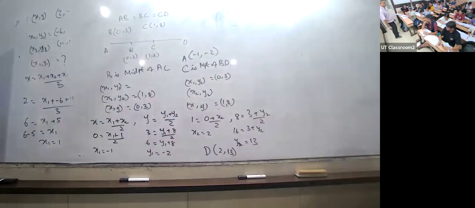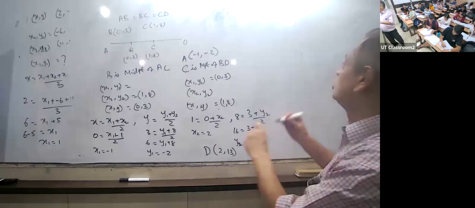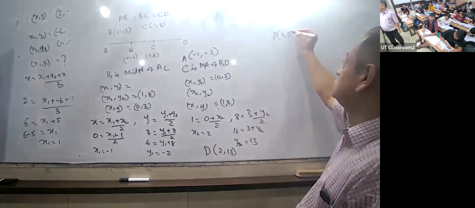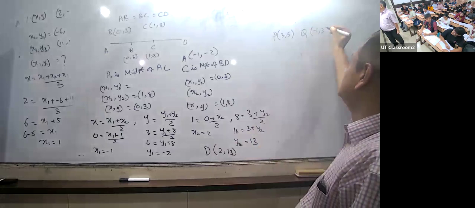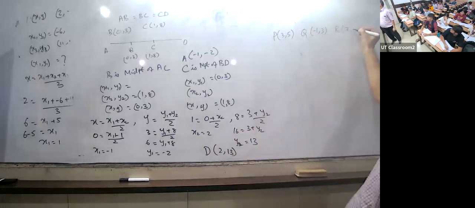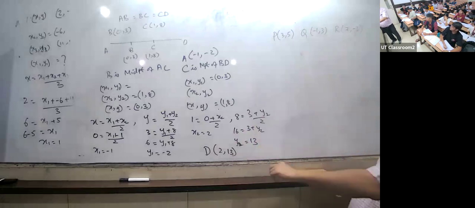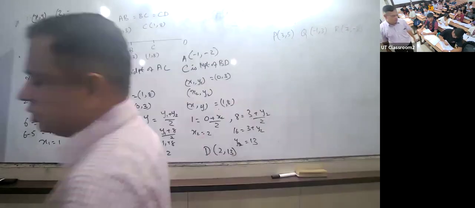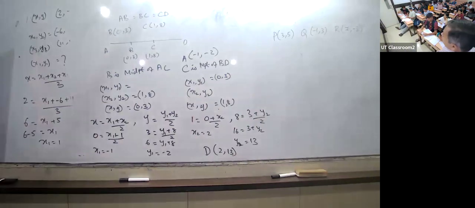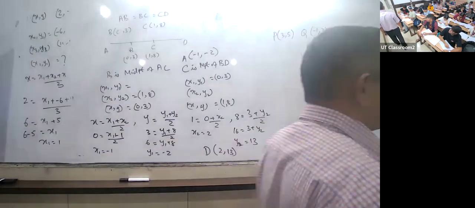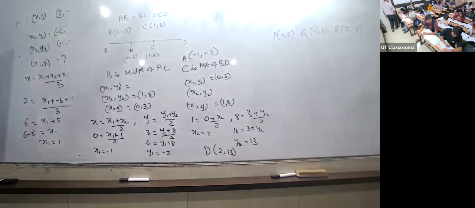Next question. Write the question. P, Q, R are the points (3, 5), (-1, 3), (7, -3), which are the midpoints of AB, BC, CA of triangle ABC.